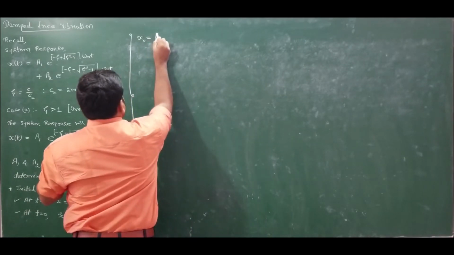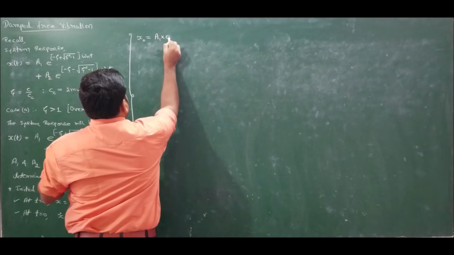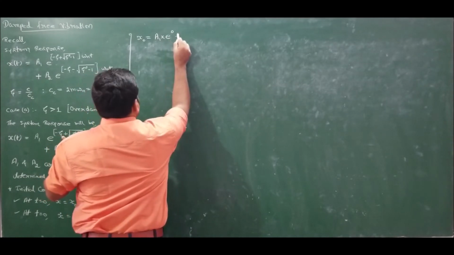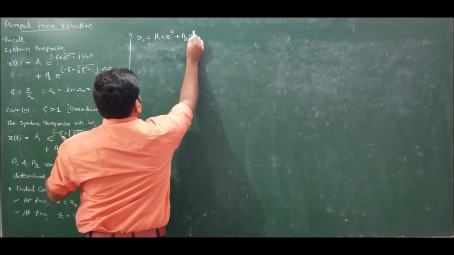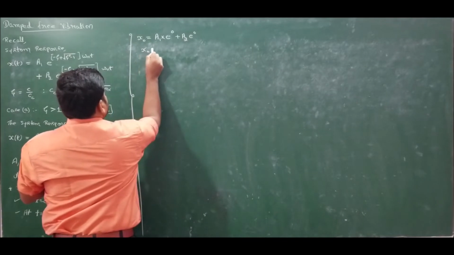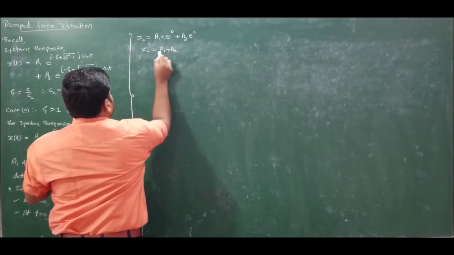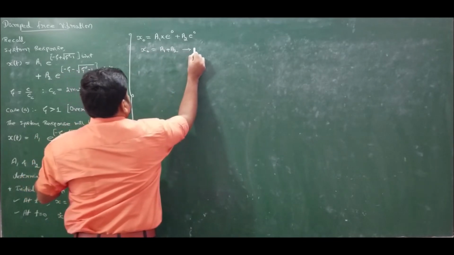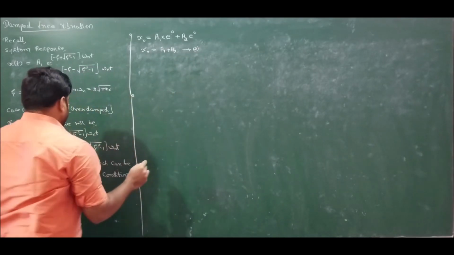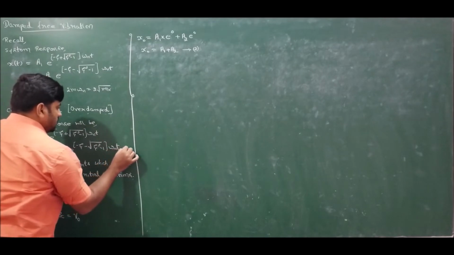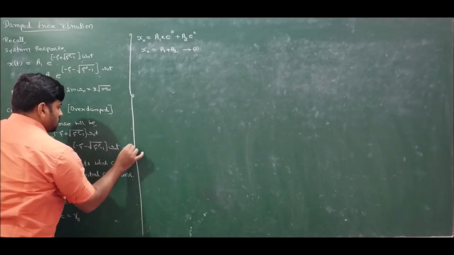So I will get a1 into e to the power of 0 plus a2 into e to the power of 0, which is nothing but x0 is equal to a1 plus a2. Let us take this as equation 2, and let us take the system response as equation 1.